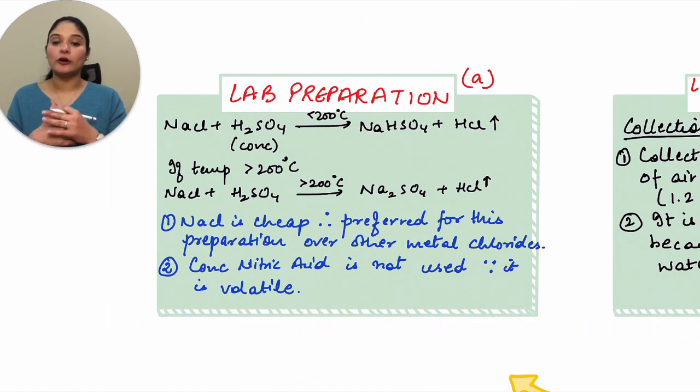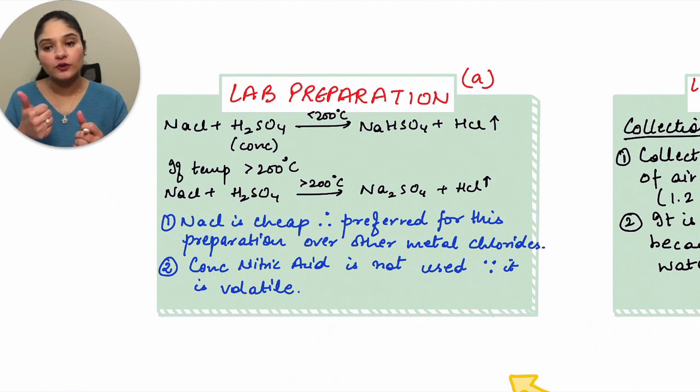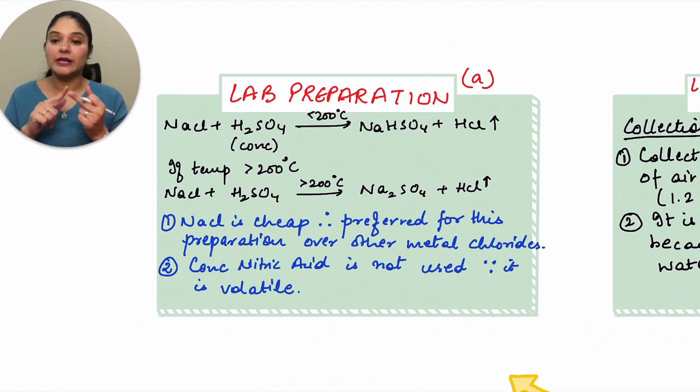Now it's important that you maintain the temperature lower than 200 degrees Celsius, because if you go higher than that, first of all, you're wasting the fuel. Second, sodium sulfate is formed, which is a very sticky material. It will stick to the beaker, be very hard to clean, and may also damage the entire apparatus.